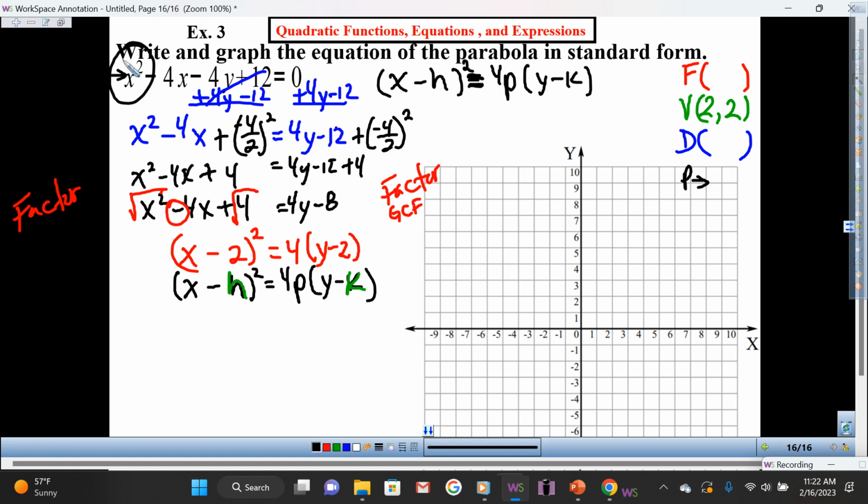X. So think about it. What kind of parabola is it? Vertical or horizontal? Vertical. So which values are the same? The x. That is correct. So we write here 2 and here 2. All right. So far so good. Now let me give you a little formula over here on the side. Let me make some space.